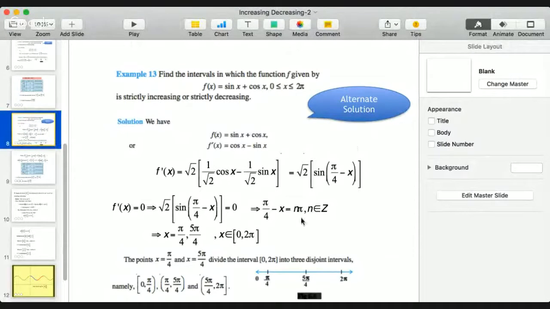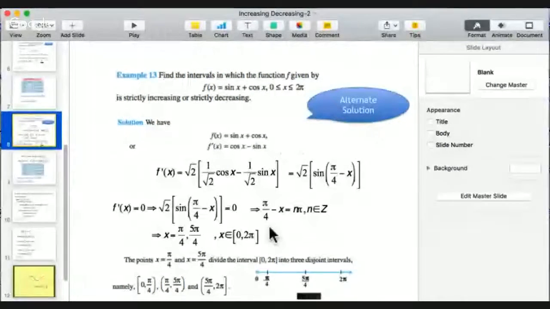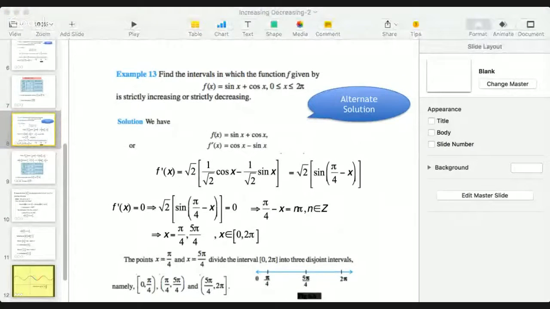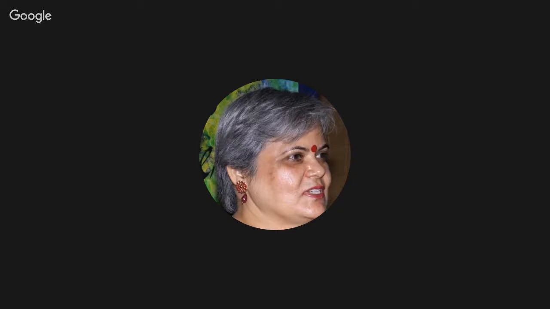Is it showing up? No. Yeah, I shared it.